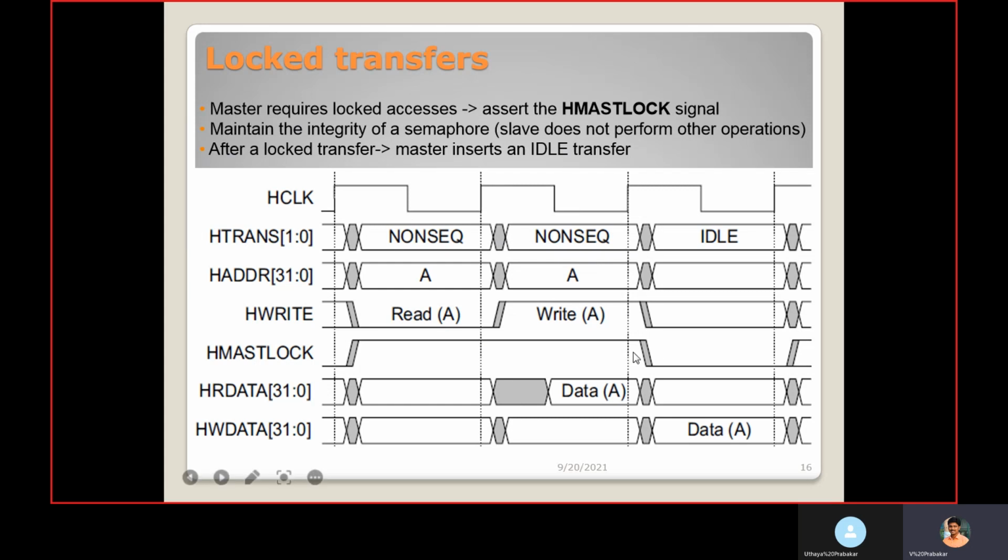After that, with the help of HMASTLOCK, I select a particular slave and perform a read from that slave. After that, I perform a write to that slave. Then I want to release the lock, so I need to make HMASTLOCK as 0. At that time, the transfer type should be idle.